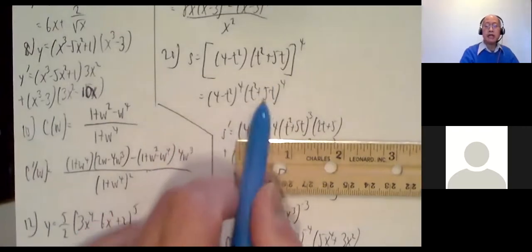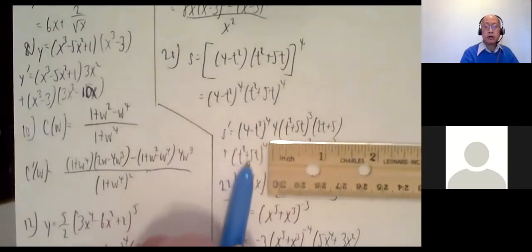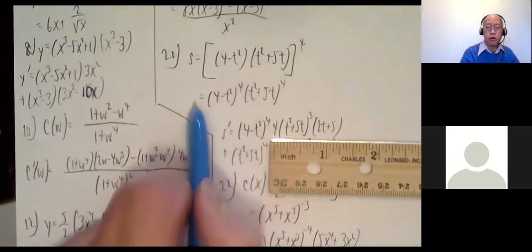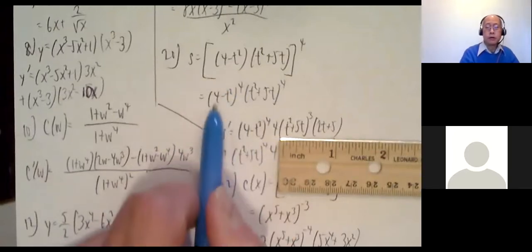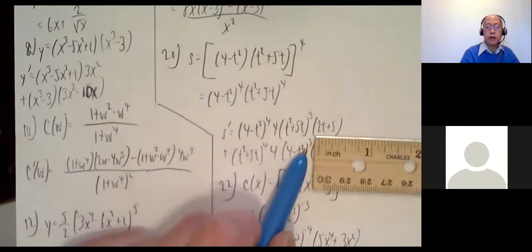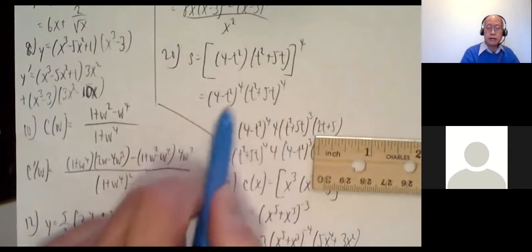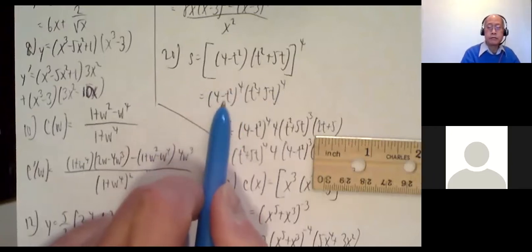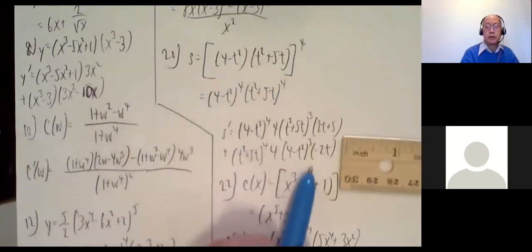Second function, copy the second function, (t squared plus 5t) to the 4th power, times the derivative of the first. 4 (4 minus t squared) raised to the 3rd power times the derivative of the inside. So what's the derivative of 4 minus t squared? Negative 2t.